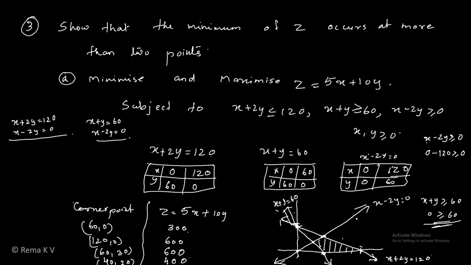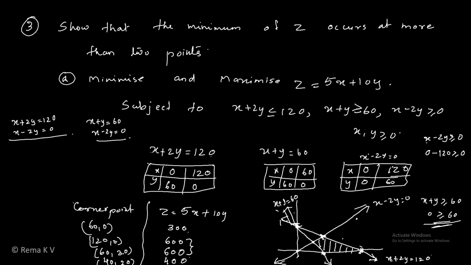What about the maximum value? Maximum value occurs in these 2 points. See 120, 0 and 60, 30. 60, 30 is this point and 120, 0 is this point.